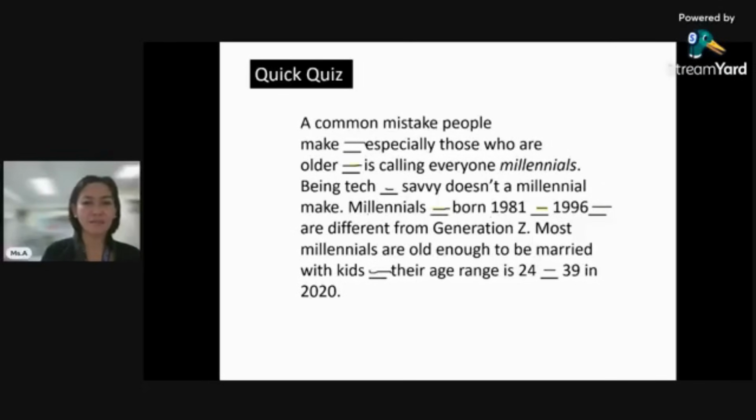Ayan. Okay? So, ayan po. Yan lang. So, shinare ko lang naman po siya kasi, ayun nga, twice na po yung nakausap ko na, may lumabas daw pong ganito. Ayan. Okay.